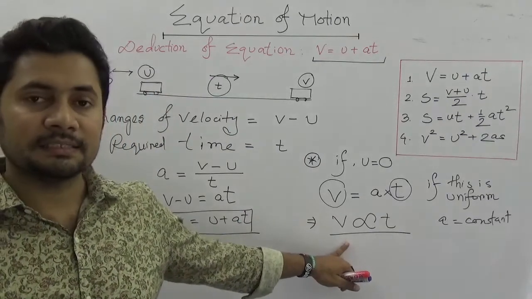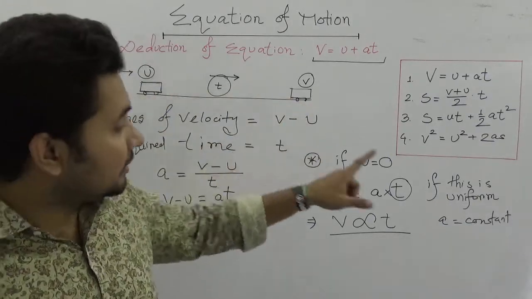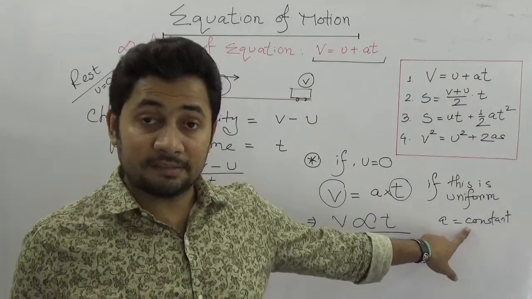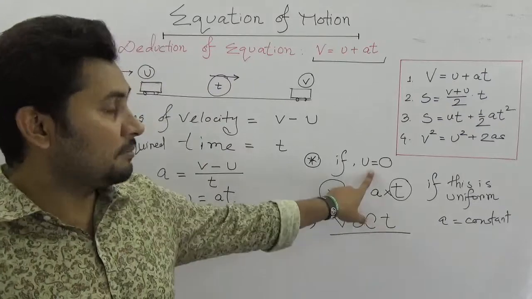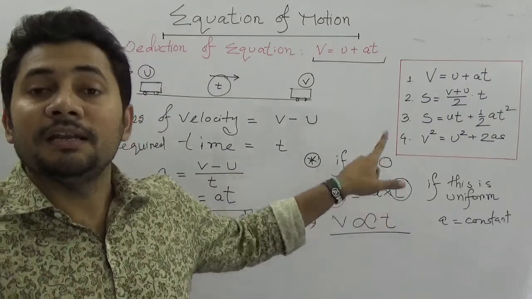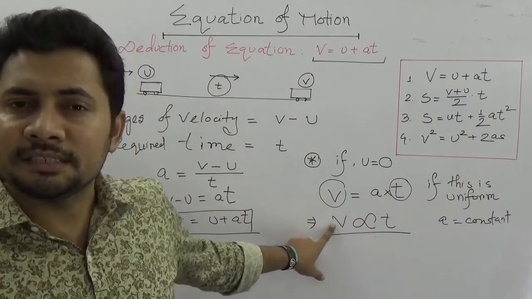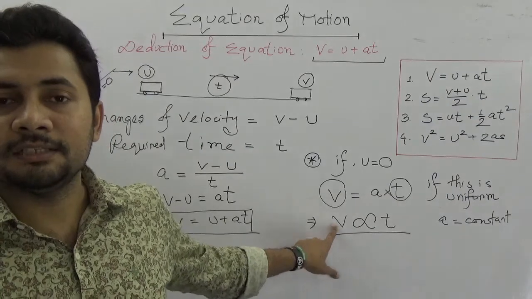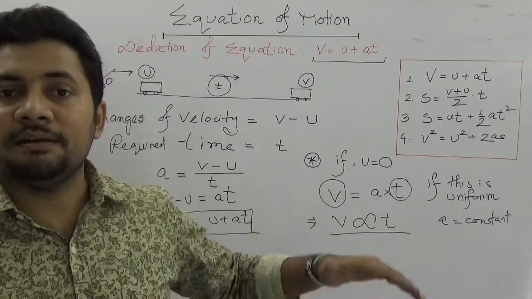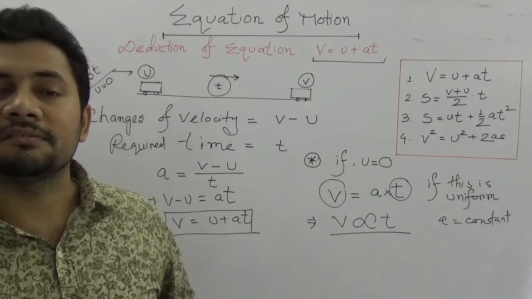So if a body is moving with uniform acceleration and starts from rest, u would be 0, and the velocity totally depends on time. When time increases, the velocity increases. When time decreases, the velocity decreases.